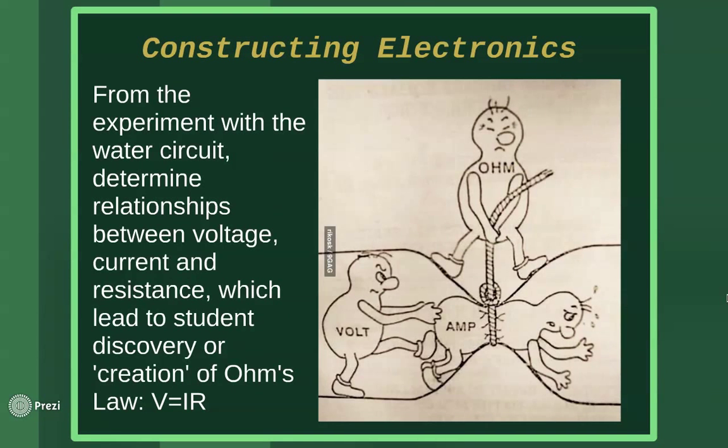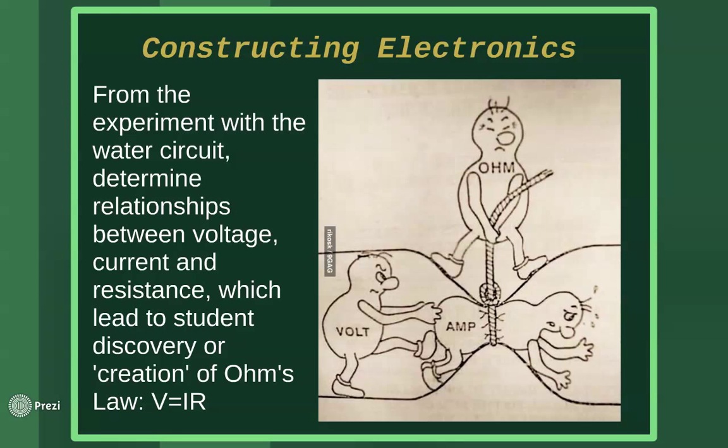Okay, after performing one or several experiments with a water circuit, we've noticed that when the resistance in a circuit increases, the current decreases. We also noticed that when the voltage increases, the current increases. How can we summarize this into a mathematical rule with variables assigned to each quality?